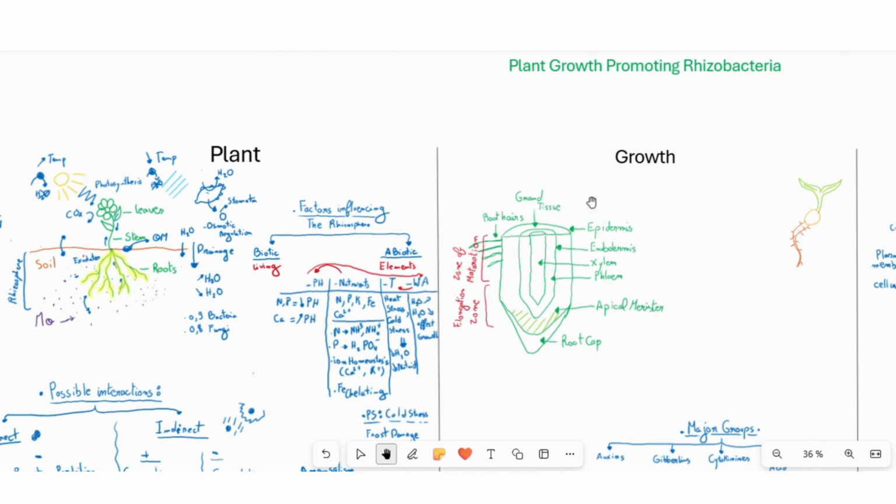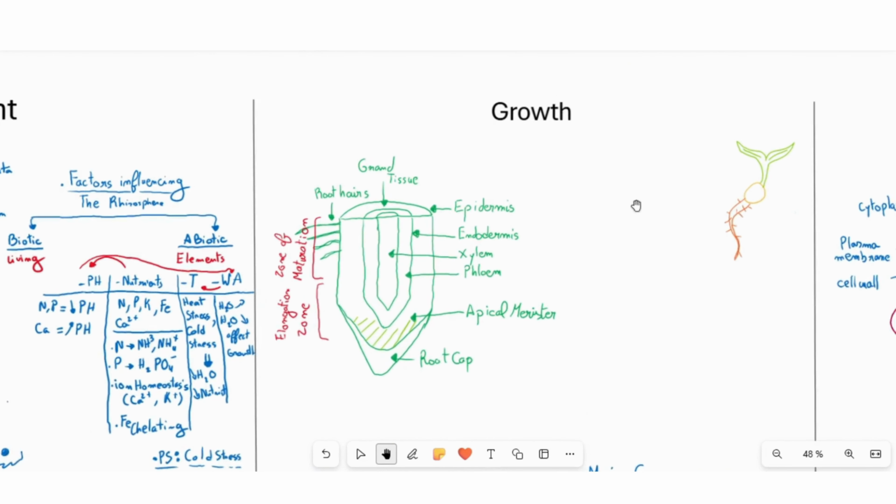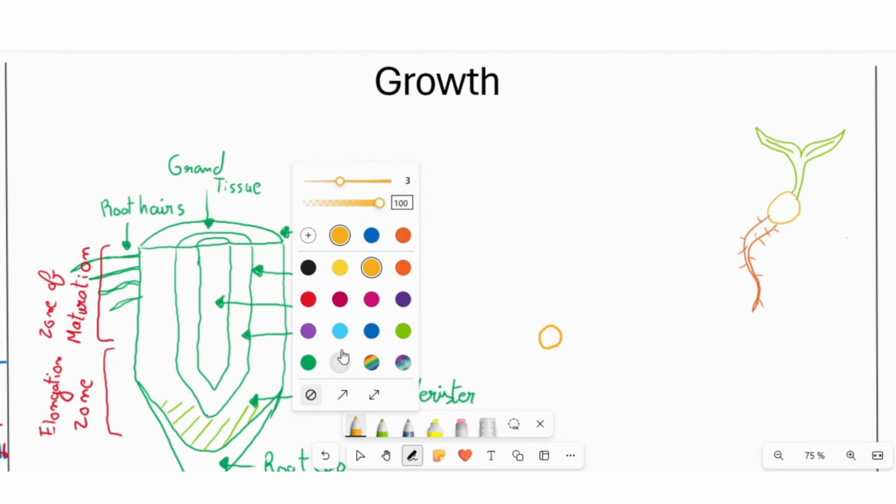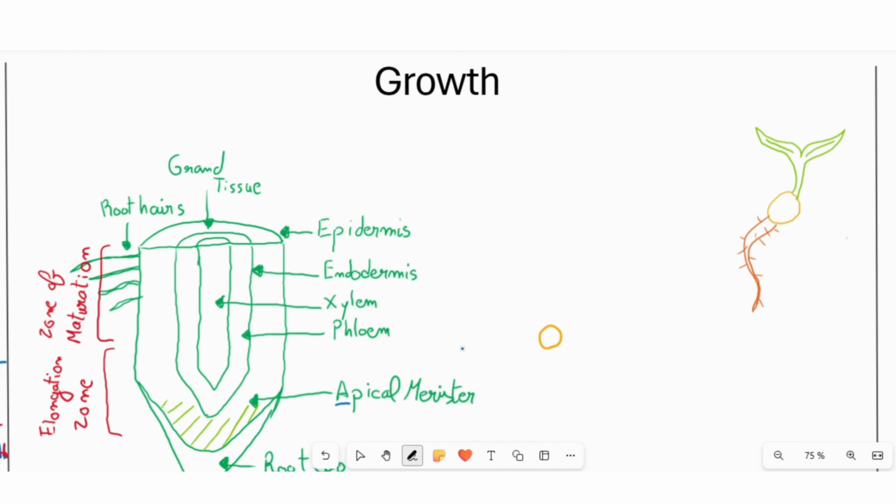Now let's move into the growth. So where does the plant come from? It comes from a seed. This seed is going to germinate and then it's going to come out of its dormancy. As it is growing, it will be producing phytohormones for its growth.